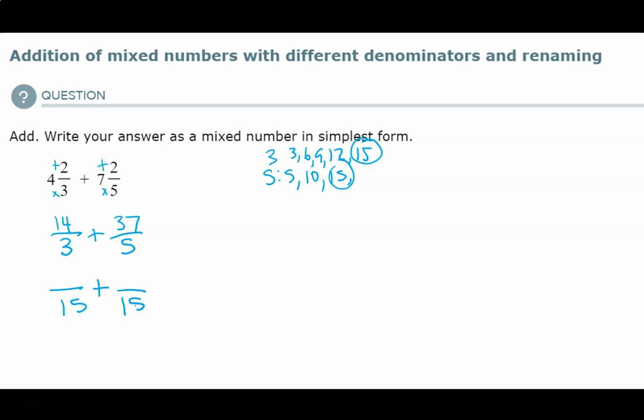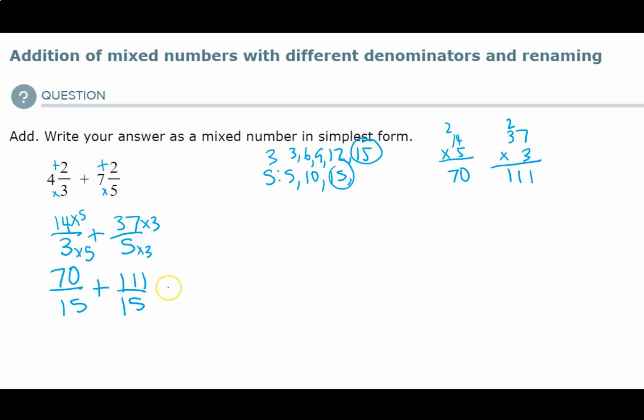Okay, now I'm going to multiply this 3 by 5 to make 15. So I do 14 times 5. So that's 70/15. And 5 times 3 makes 15, so 37 times 3 is 111.